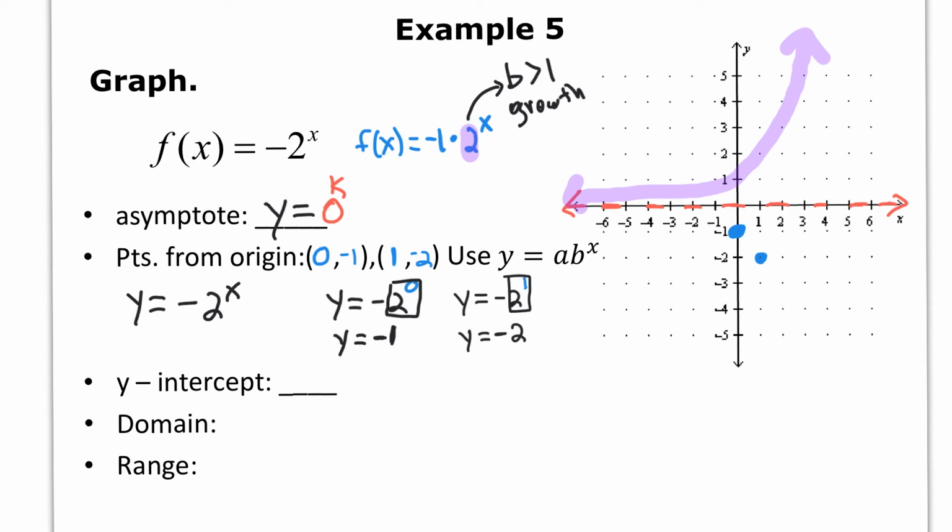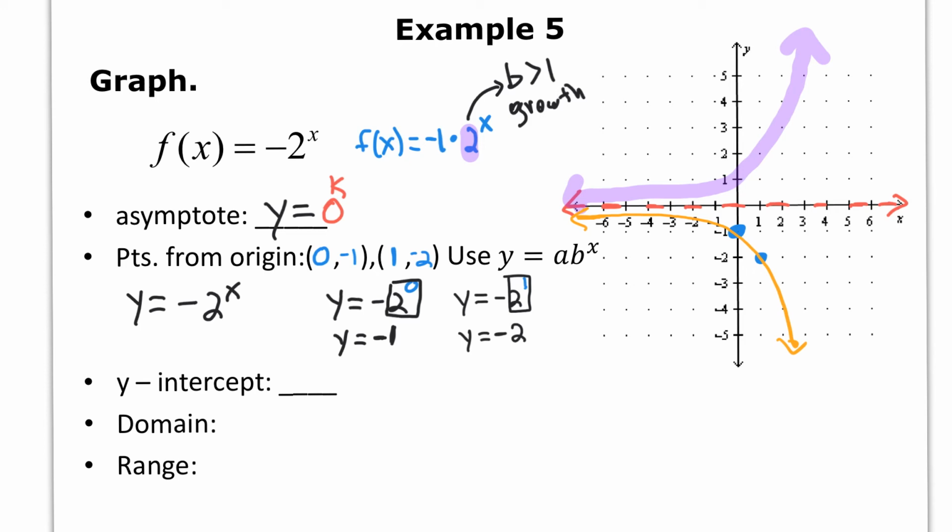I'm going to make a reflection over the x-axis, across the x-axis, on the other side of the x-axis. So this graph, when you flip it upside down, you will have the graph really close to the asymptote, and you're going to go down like this.